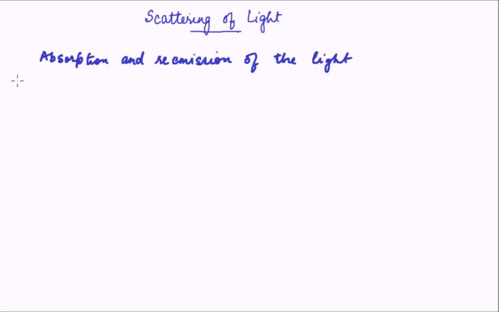Now, this phenomenon of absorption and re-emission of the light takes place by the dust and air molecules present, and how much absorption and emission takes place depends on the size of the particles with respect to the wavelength.